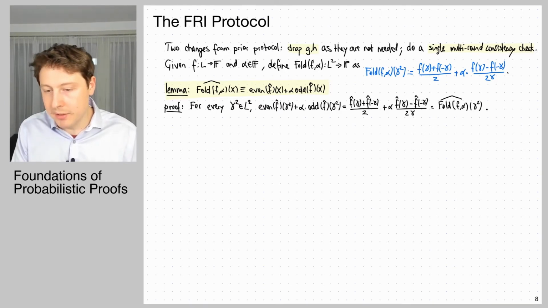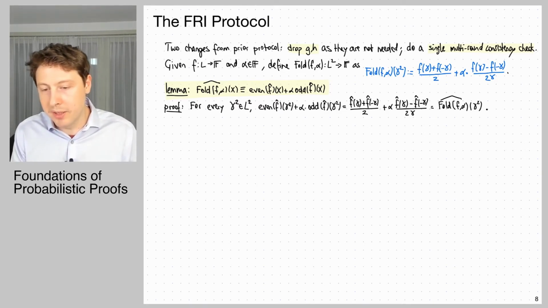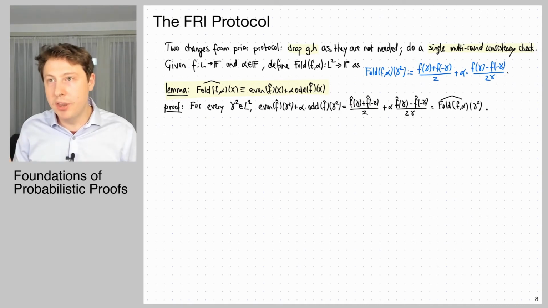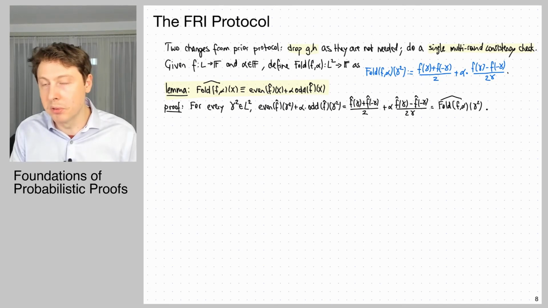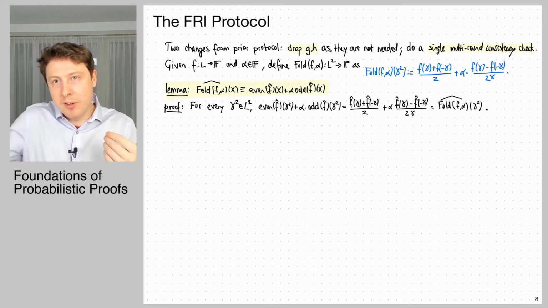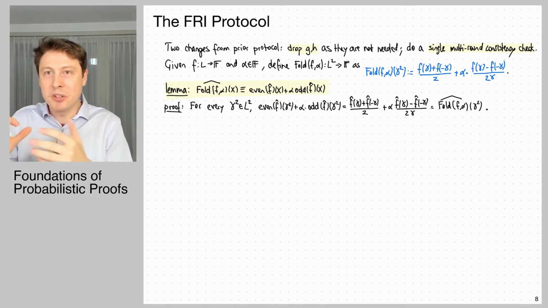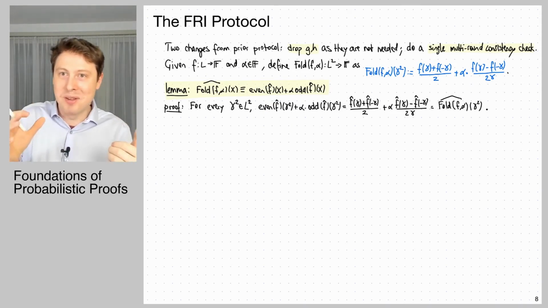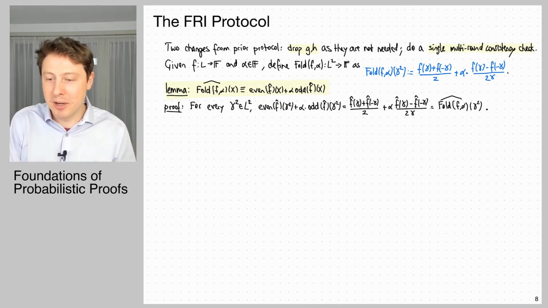If you wanted to see the contribution of the even coefficients, you can just evaluate f at gamma and f at minus gamma. Because you put the minus there, all the odd things are going to drop out. The even things are going to stick around. There are going to be two of them, so you divide by 2, right? And everything is going to be squared. That's why we're talking about squared, because remember, this is a new polynomial where all the even coefficients are not about the original monomials, they're about the monomials of half the degree, right? So that's why there's a square here.